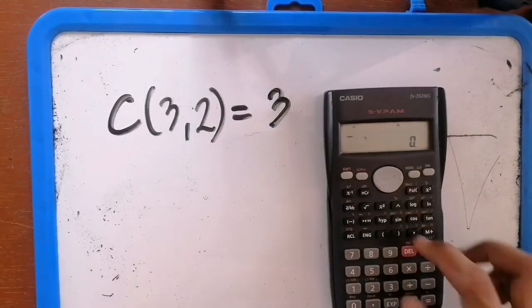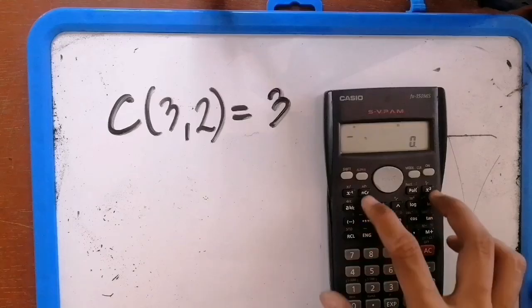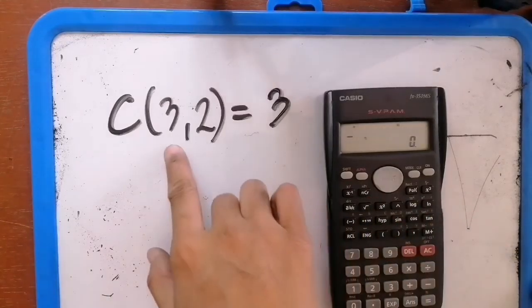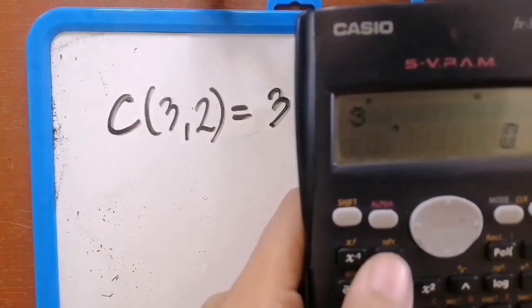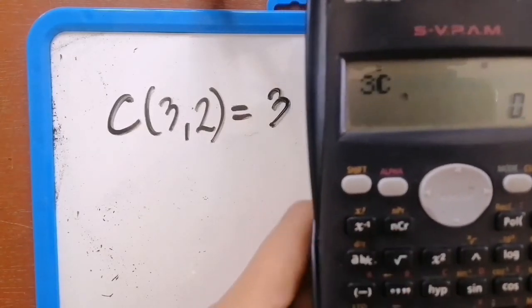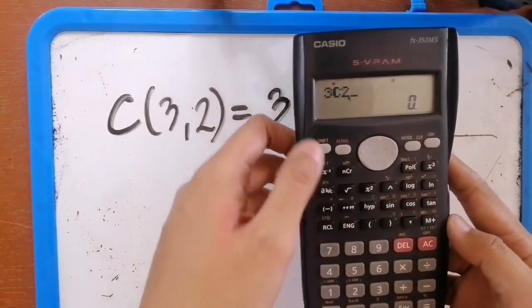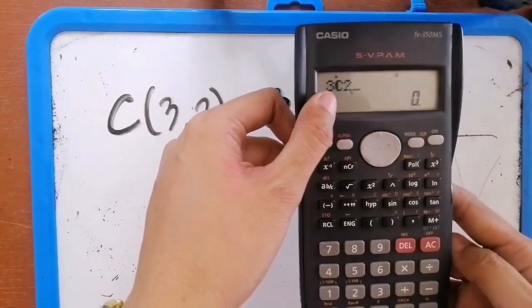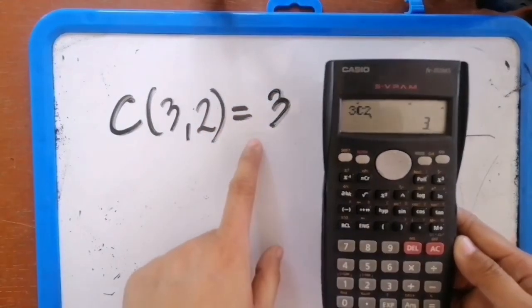So, sa calculator ninyo, may nakita kayong ganito, hindi ba? NCR. Okay? So, just press muna natin yung first number or yung n objects. 3. And then, press this. Para C, di ba? 3C. And then, we will press 2.